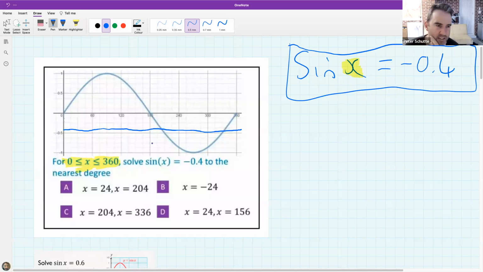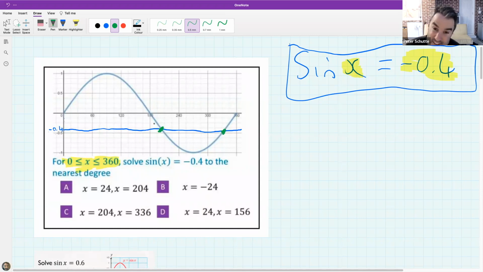Does that make sense? The number is minus 0.4. When is the sine of x equal to minus 0.4? Minus 0.4 is down here somewhere, so I'm guessing the answer to the solution is somewhere around here.